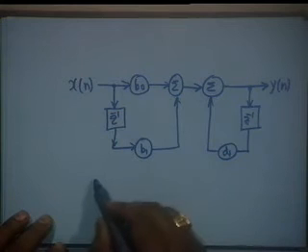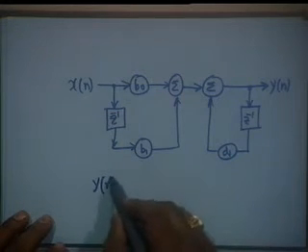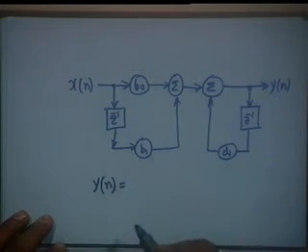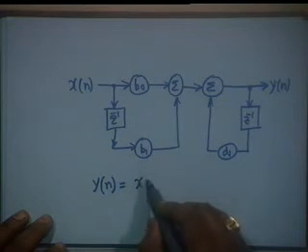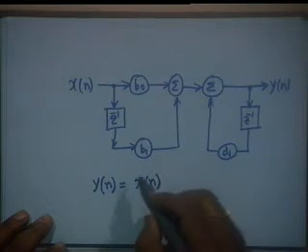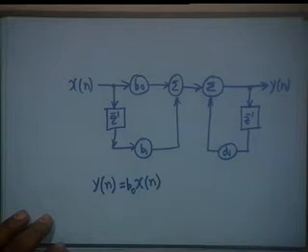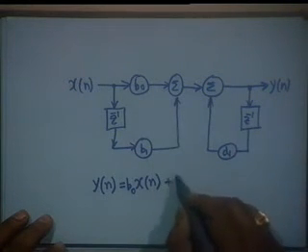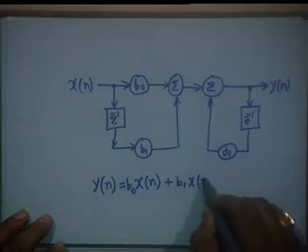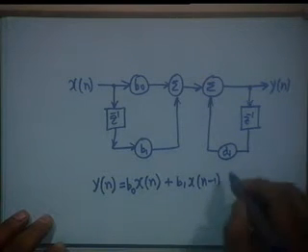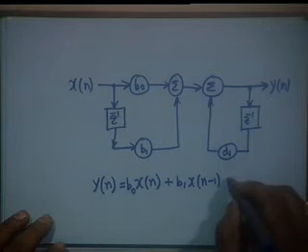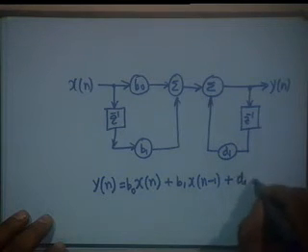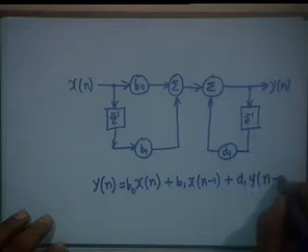Okay. Then you can see that y of n is equal to B0 x of n, plus B1 x of n minus 1, plus D1 y of n minus 1.